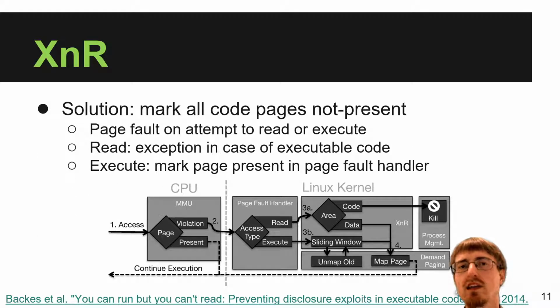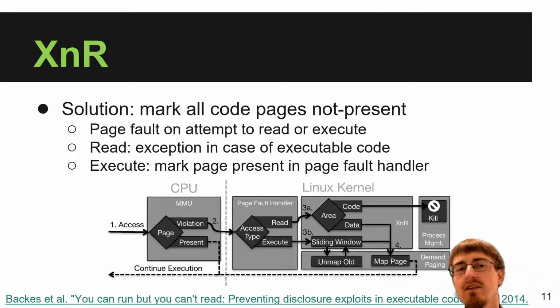The solution in XNR is simply to mark all the code pages as non-present. Now this means every time you attempt to either read or execute these pages, it results in a page fault. So the page fault tells the operating system that the program tried to execute or read some data that was not present in memory. The operating system then gets a chance to map this data in.